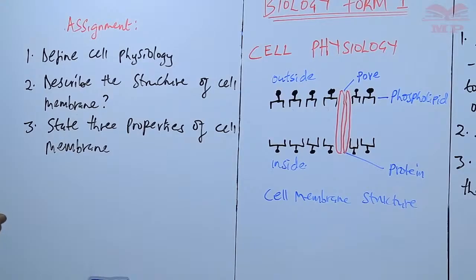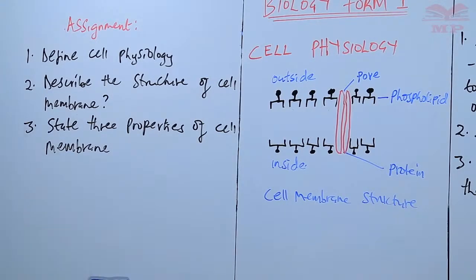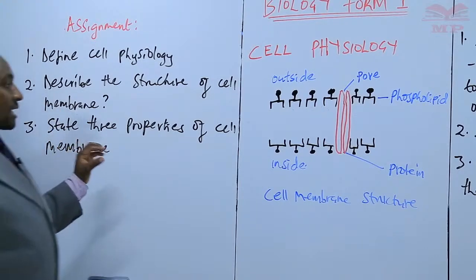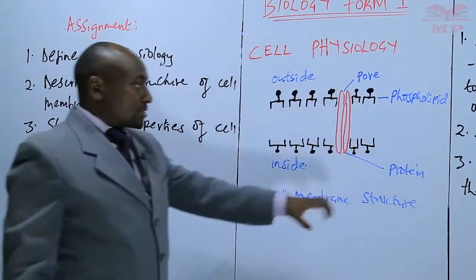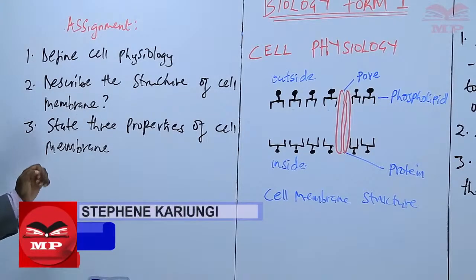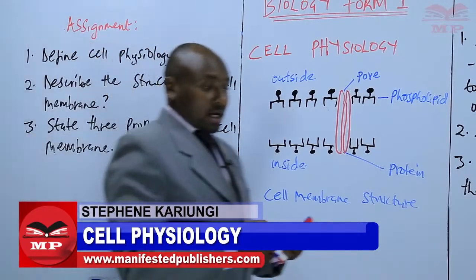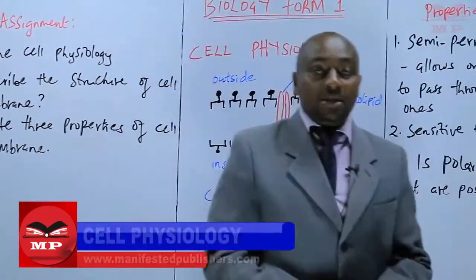The first question, define the term cell physiology as we have learnt it. 2, describe the structure of the cell membrane. And then number 3, state 3 properties of the cell membrane. So we are going to stop there for today, and we shall continue from there next time.